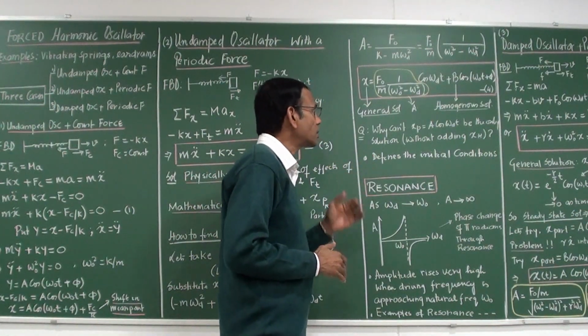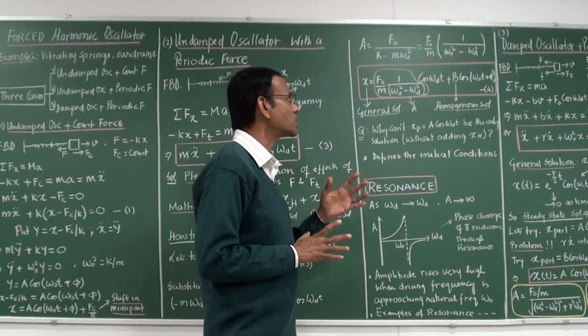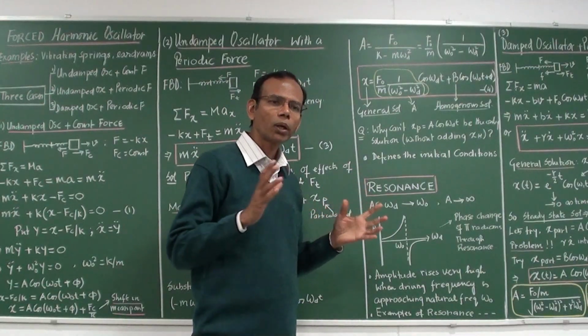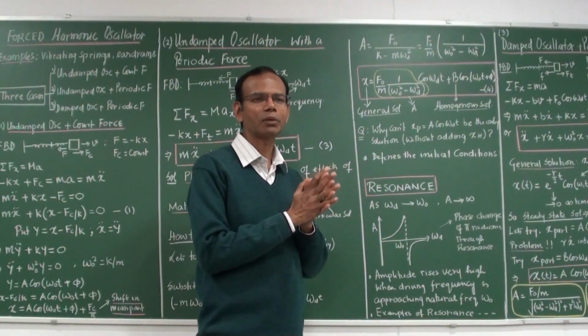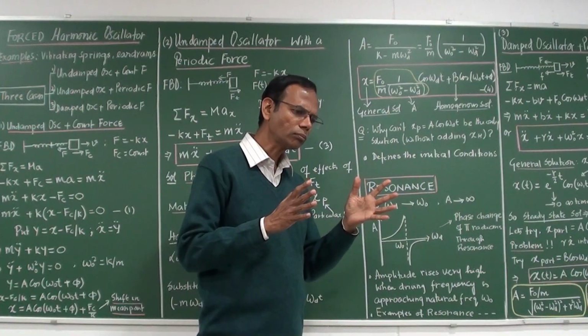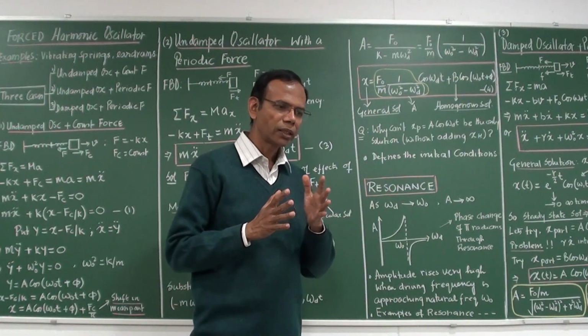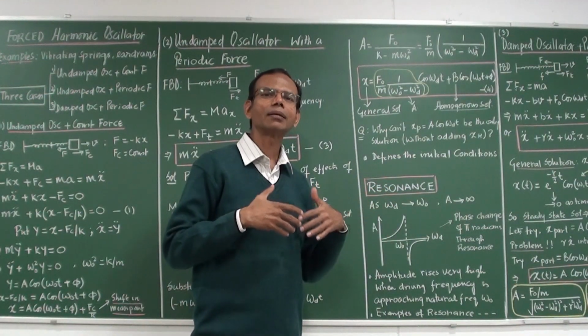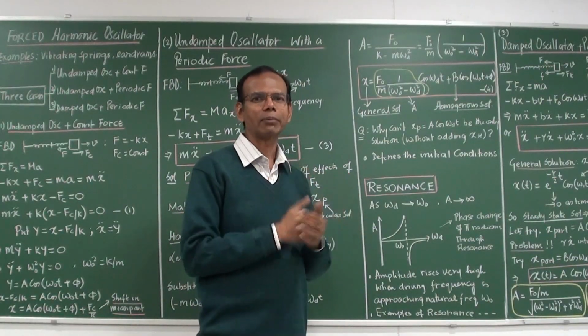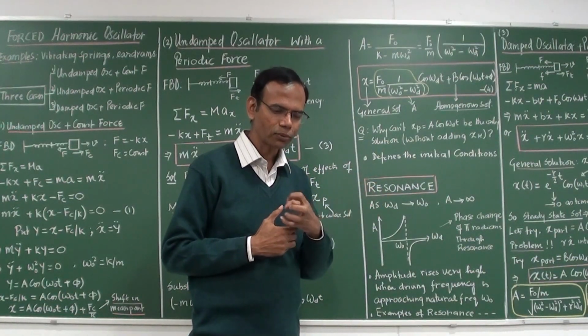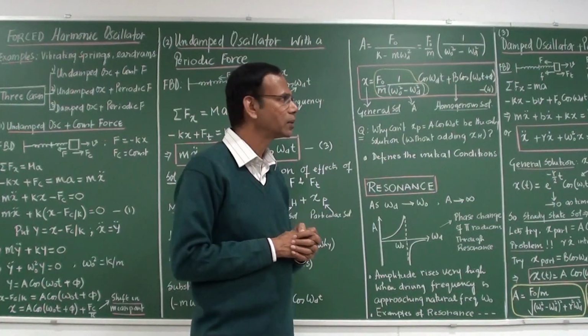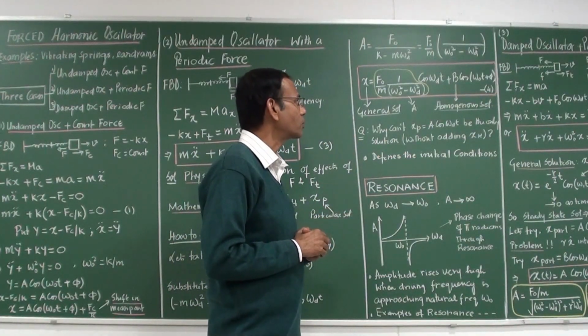Now, in the third case, we will go to the damped oscillator plus periodic force, where all the forces are working together. That means your restoring force, the damping force, as well as the forced vibration, that is the force F0 cos omega t.